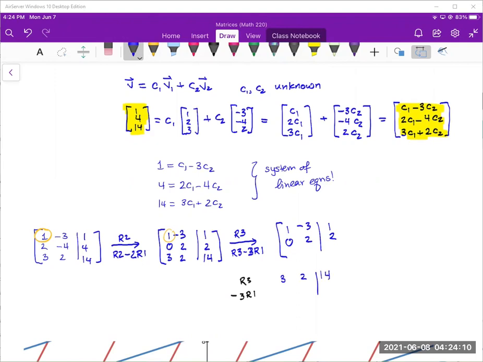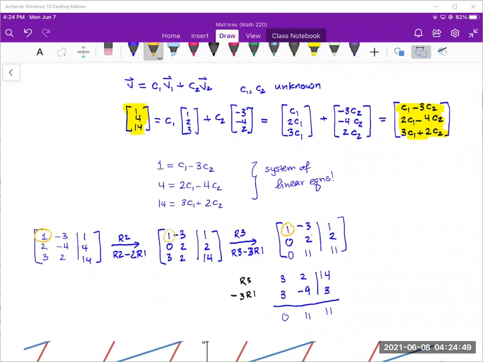And we're subtracting away 3 times row 1. So that'll be 3, -9, and 3. Subtracting these, we have 2 minus -9 gives us 11. 14 minus 3 gives us 11. And then 3 minus 3 is 0. Okay, and we see that we have cleared out the values below the 1.